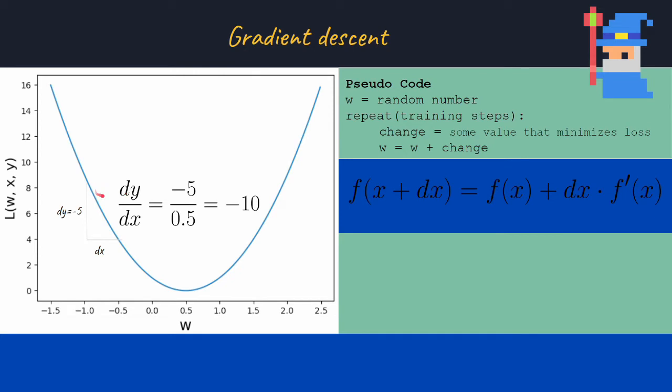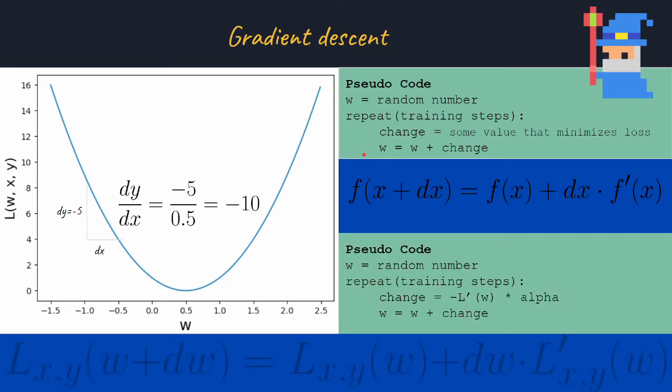Then you say difference in y divided by difference in x. Difference in y is -5, difference in x is 0.5. That equals -10. And if you plug this in here, this works. But this is kind of cheating, because this is not the derivative. Derivative means that you don't take the slope given 2 points, but you take it given just 1 point. That is a mathematical concept that is used here. And again, if you didn't understand this yet, that's totally fine. I'm going to link a video in the next slide.